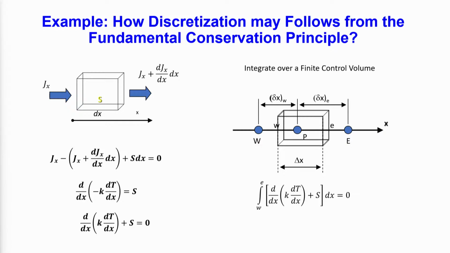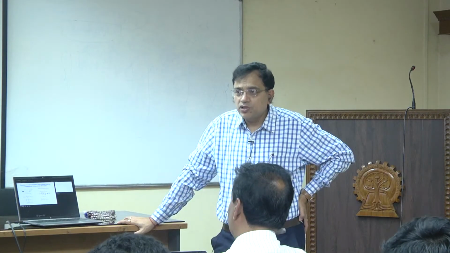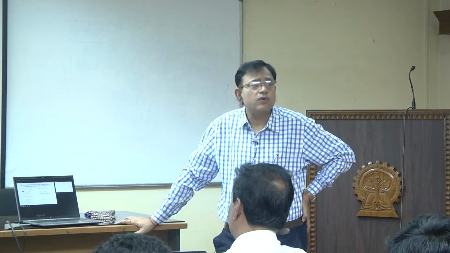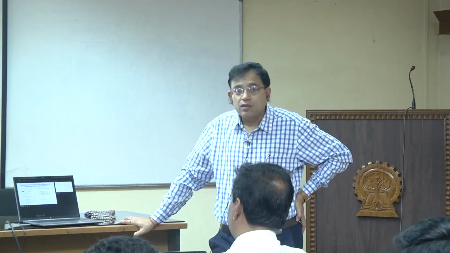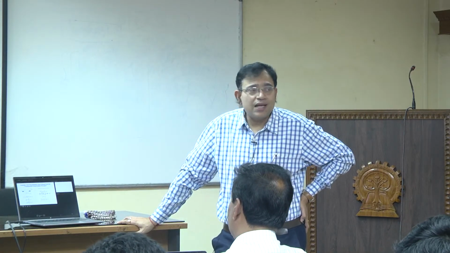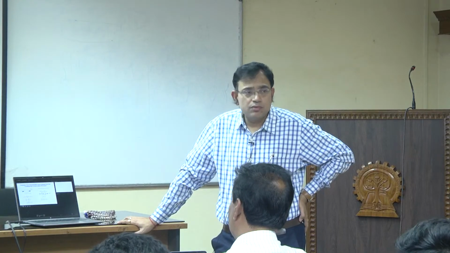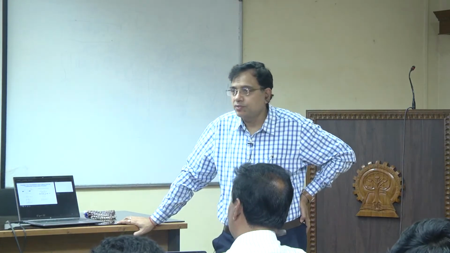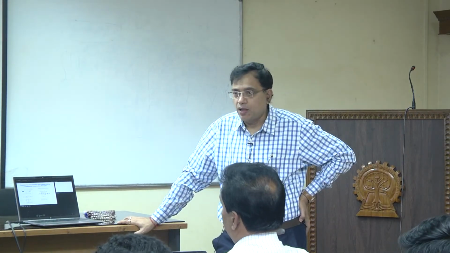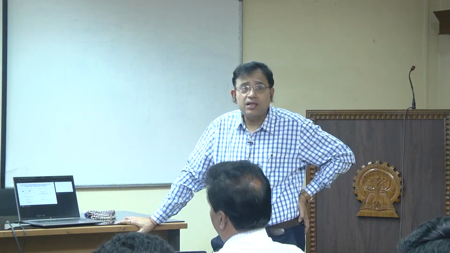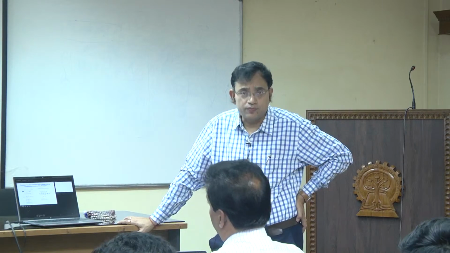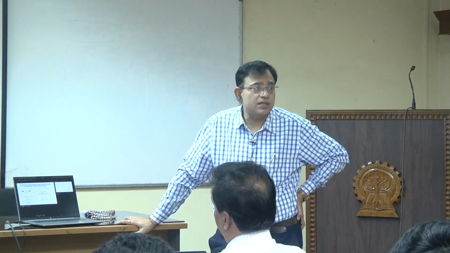So, in the finite volume method, what are we doing? We are breaking the domain into a number of subdomains which we call control volumes, and you know control volumes very well, we have talked about that. These control volumes are like the dV we talked about in our conservation principle discussion. But what is the difference between that dV and this? That dV was a differentially small volume and this is a finite size control volume.